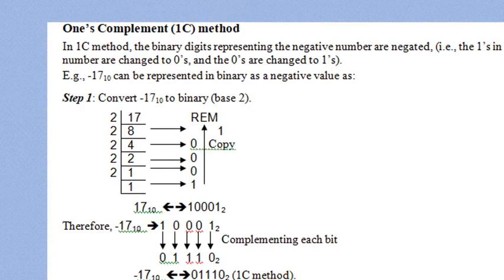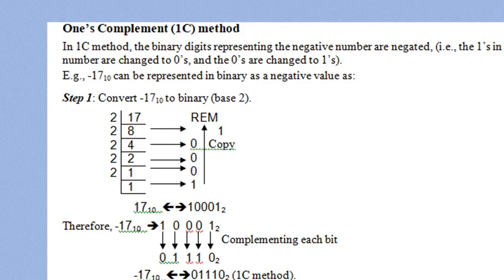Now, in 1's complement, the binary digits representing the negative numbers are negated. To negate means that whatever was a 1 becomes 0, and whatever was 0 becomes 1. That is, the ones in the number are changed to zeros, and the zeros are changed to ones. For example, negative 17 can be represented in binary as follows.